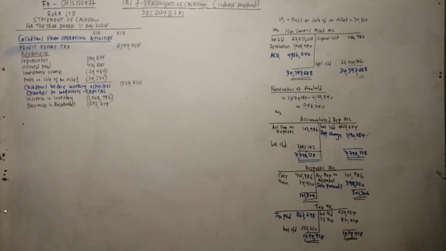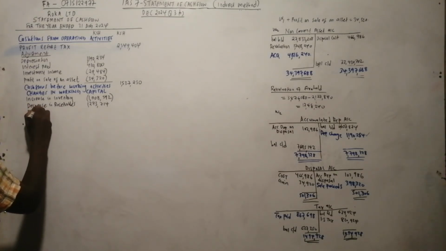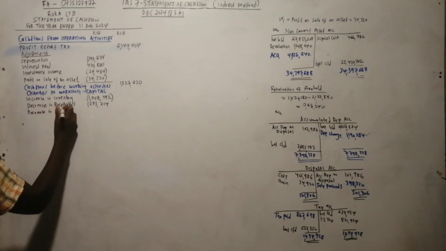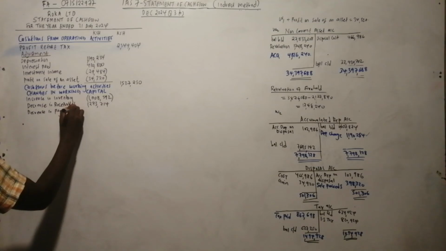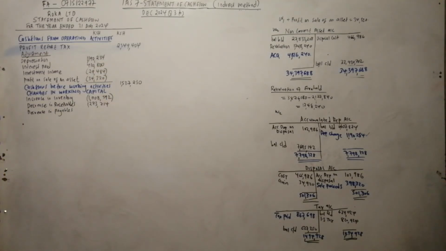Then tunaenda chini kabisa, tunaenda kwa current liabilities. We have payables. We have a decrease in payables. That means money out. Tumelipa. Watu walikuwa deni yetu tukawalipa, deni ikapungua. So that is money out, so we are supposed to reduce.